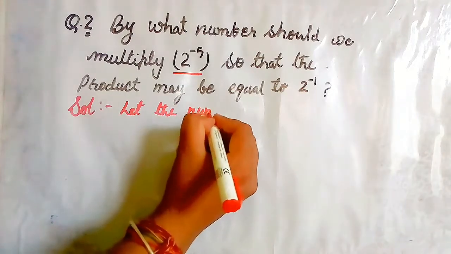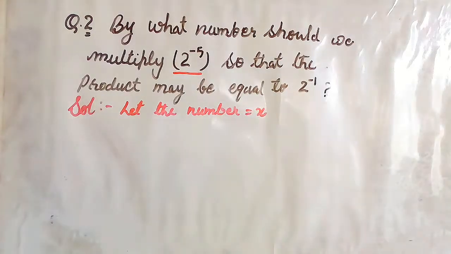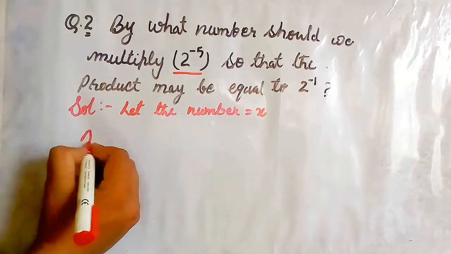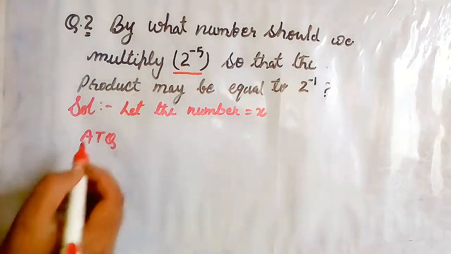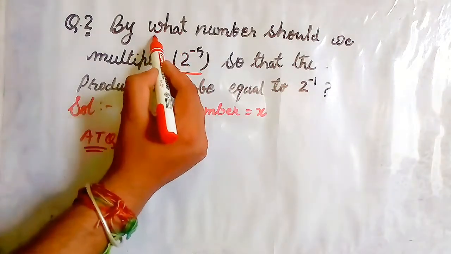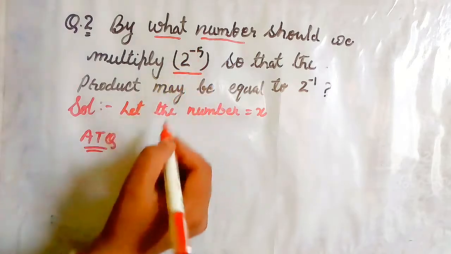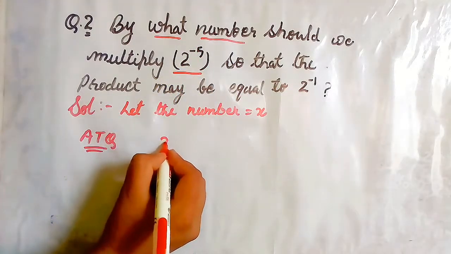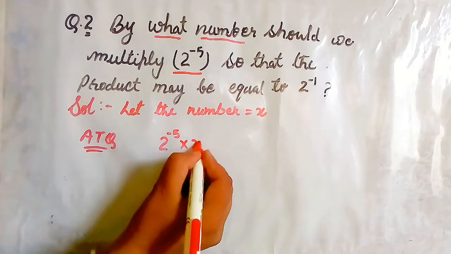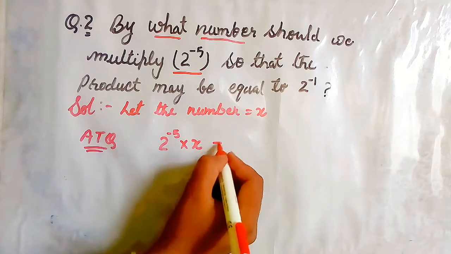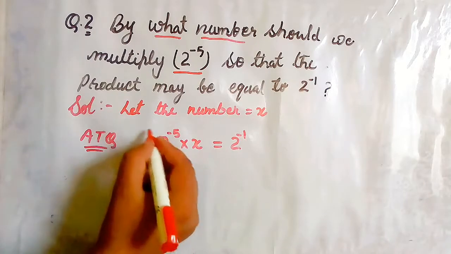So solution will be, let the number be x. Now see according to the question. What the question says, that what should we multiply? So x should be multiplied. This number we have taken equals to x. So 2^-5 multiplied by x will be equal to, the answer is 2^-1.